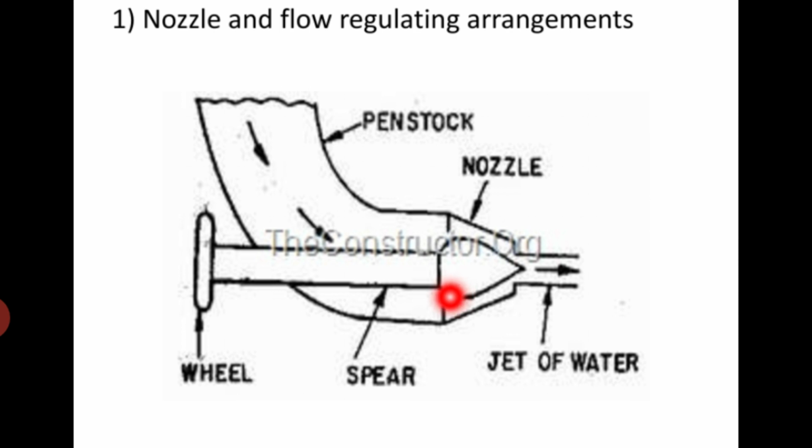When the speed of the Pelton wheel increases, the spear is pushed forward into the nozzle, and hence the quantity of water striking the bucket is reduced. When the speed of the wheel falls, the spear is drawn back and it allows a larger quantity of water to pass through the nozzle. So this is the function of the spear, and this is the nozzle with the flow regulating arrangement.